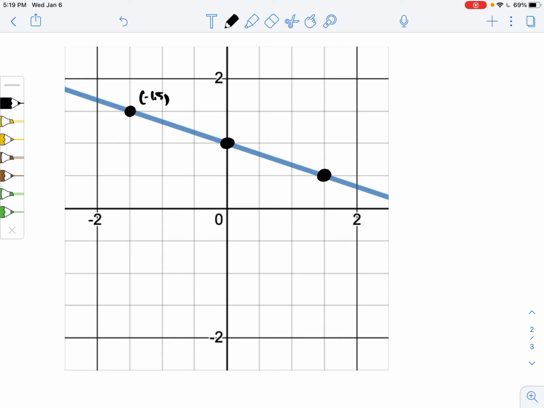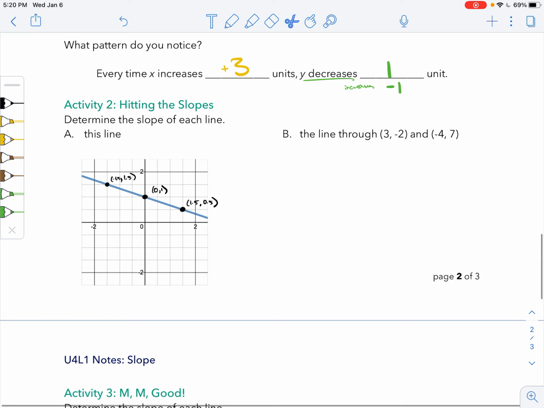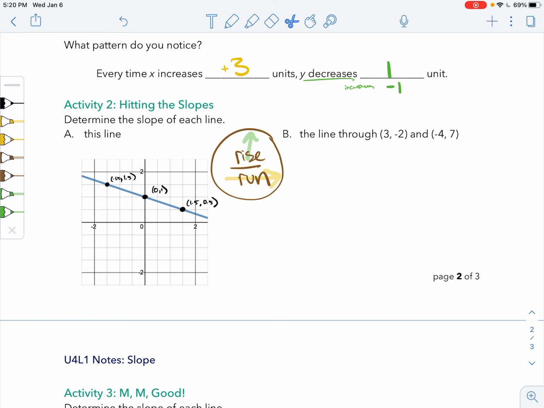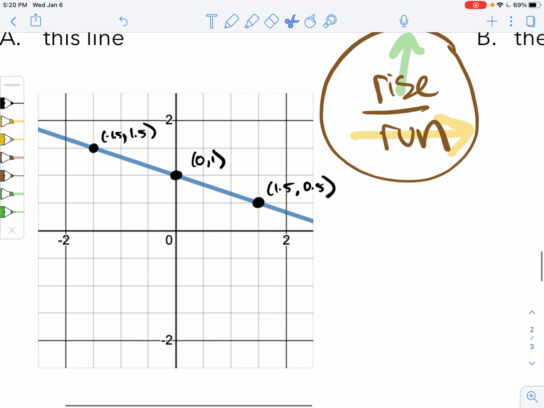So what we need to do is we need to figure out our vertical change over our horizontal change. So how far do we go down? Let's pick these 2 points.